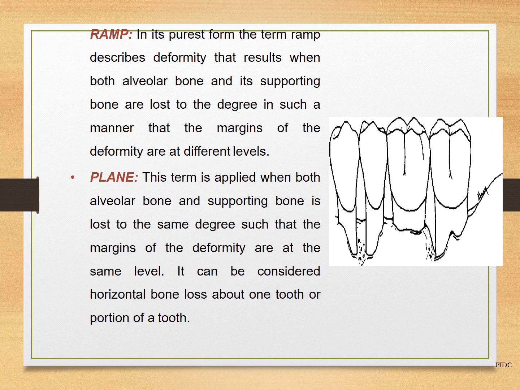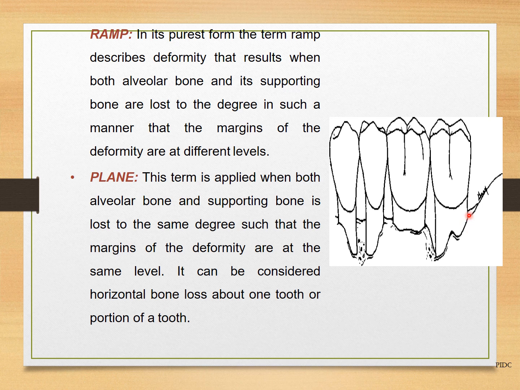Coming to the ramp, in its purest form the term ramp describes the deformity that results when both the alveolar bone and its supporting bone are lost to a degree in such a manner that the margins of the deformity are at different levels. You can see that the buccal bone will be higher compared to the interproximal bone.